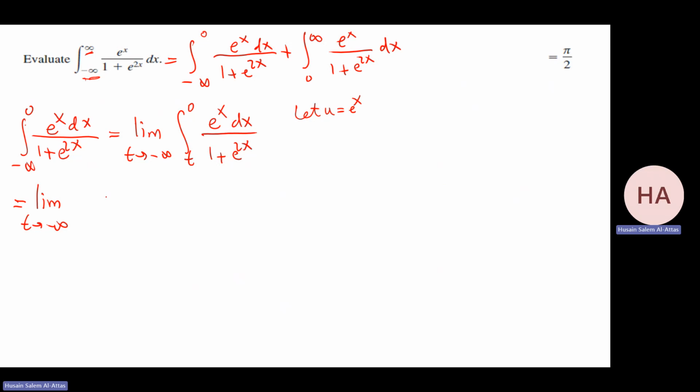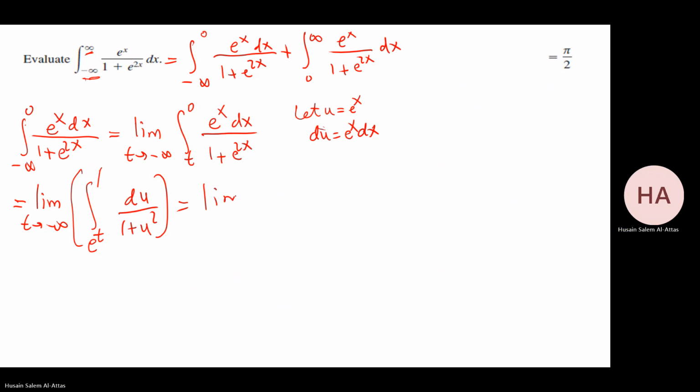Then what will I get? The integral from e to the power t to e to the power 0, that will be 1, of du, since du is e to the x dx. So it will be du over 1 plus u squared. That will be what?